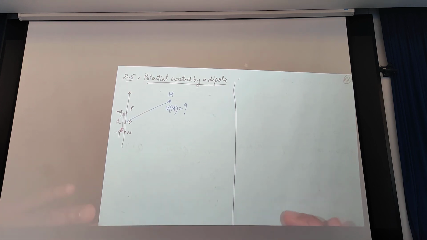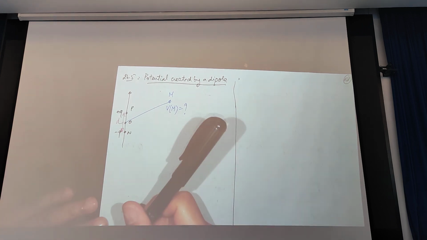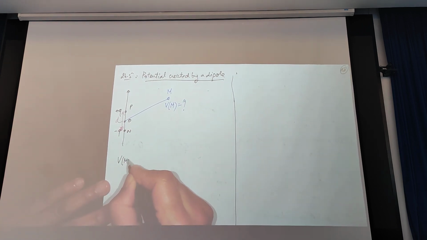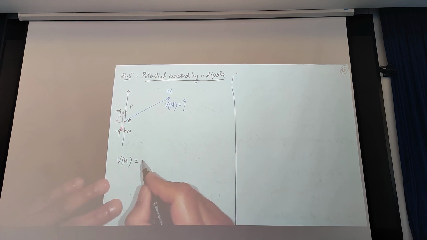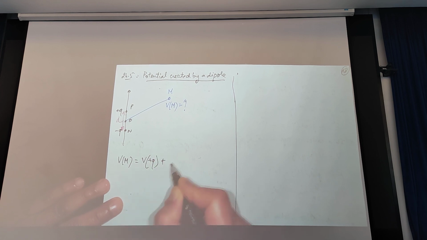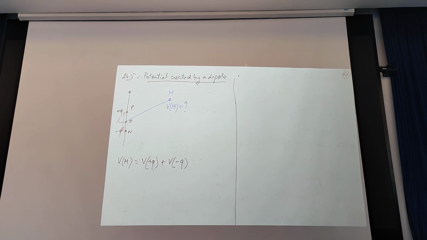We have calculated the potential created by one charge, so it's easy to calculate the potential of the dipole. It is the potential created by the positive charge plus the potential created by the negative charge.